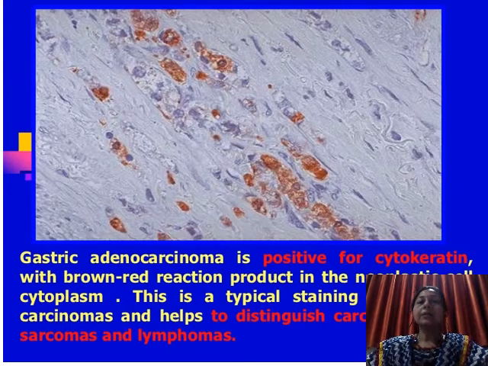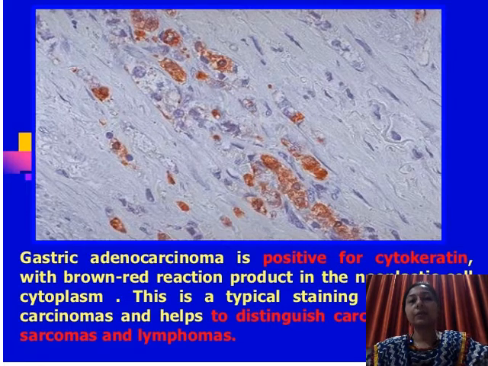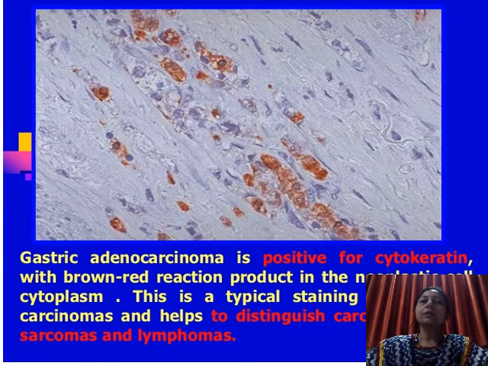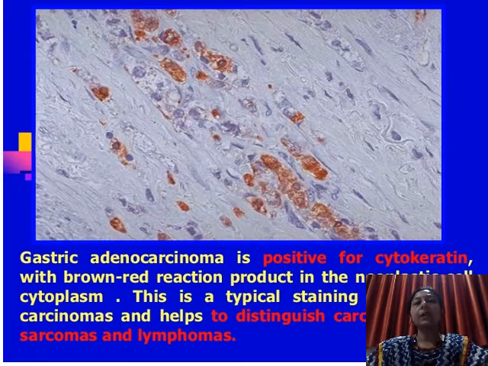Like a gastric adenocarcinoma is positive for cytokeratin. So if we see cytokeratin positivity, we can suspect gastric adenocarcinoma. There are specific cell surface markers which give an idea through immunohistochemistry, and we can give the definitive diagnosis.